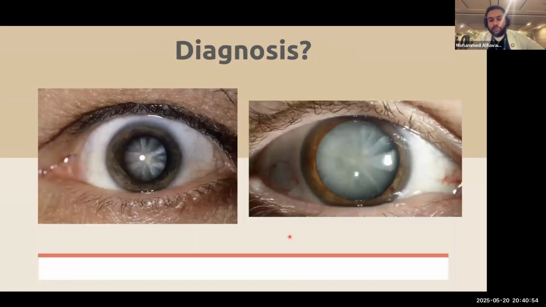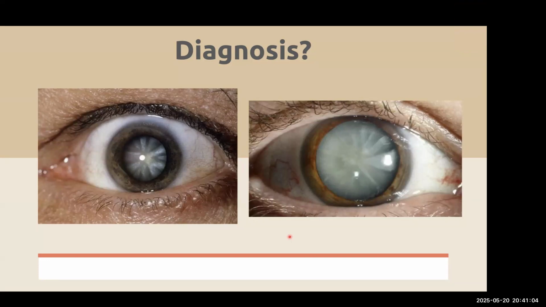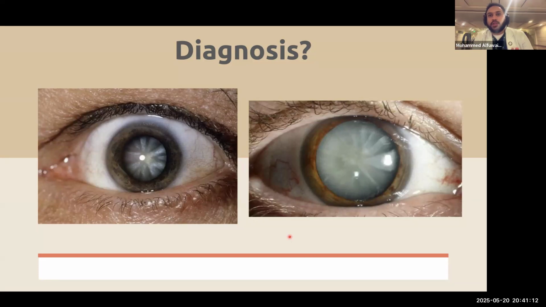Now, the lens itself should be clear. If it starts to become cloudy like this, what's this disease? Cataract, good. Cataract happens in the elderly more, so one of the most important risk factors is age. Then you have other things that can cause it. Give me a medication that can cause cataract.